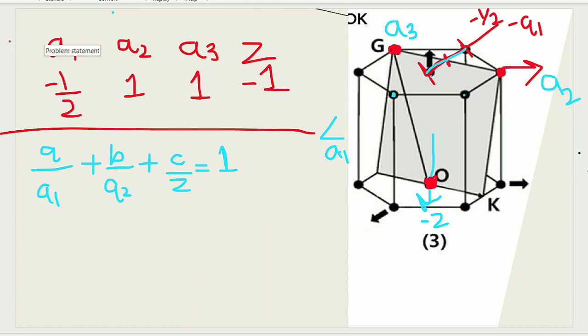Now A, B, C is any point on the plane, and since we want to find out the A1 intercept, for the A1 intercept the point A shouldn't be 0, so there should be a motion along the A direction. Now let us take one point on the plane.